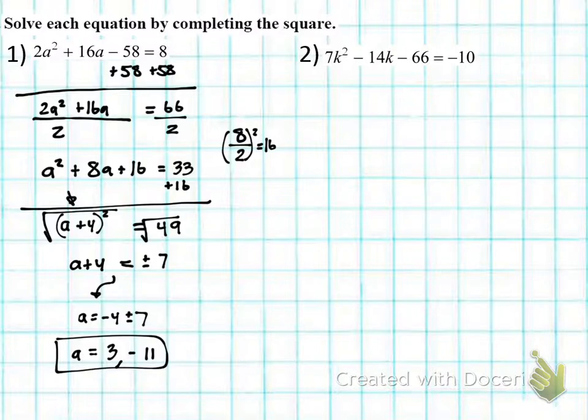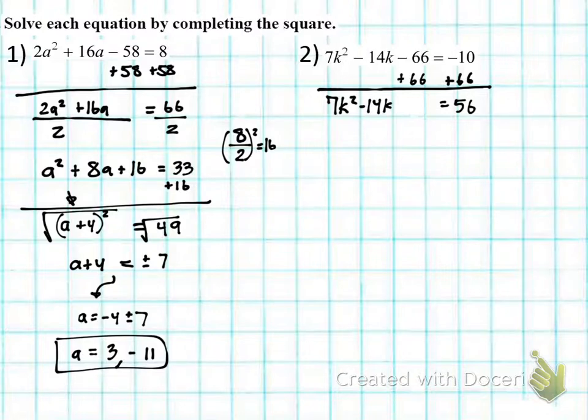Okay, watch me do number 2 now. Number 2, I'm noticing that I need to complete the square. I have c's here. I got to do the opposite of minus 66. I'm going to add 66 to both sides. So we have 7k squared minus 14k is equal to 56. Okay, that's the first step here.